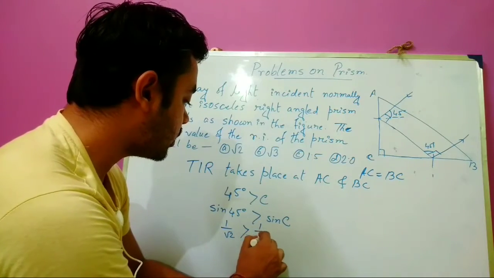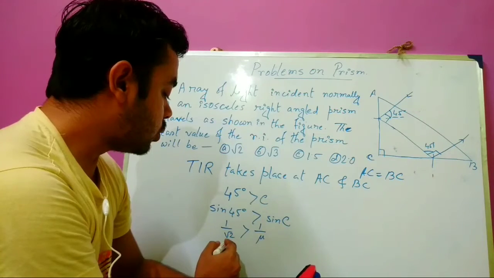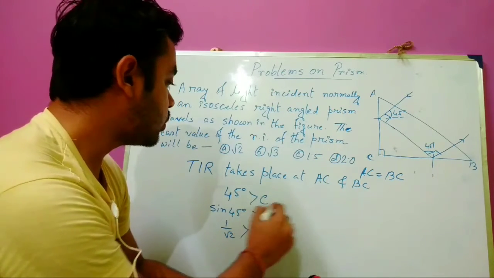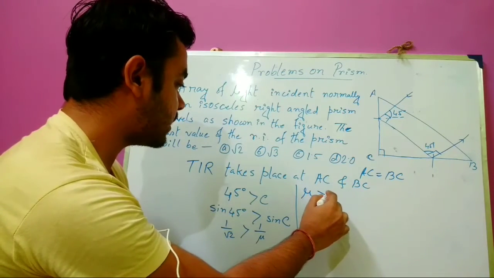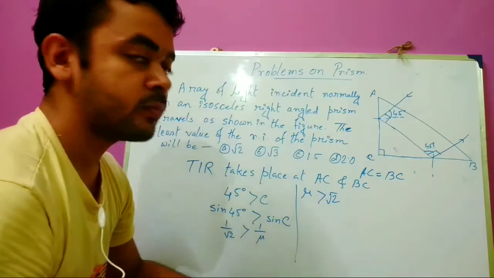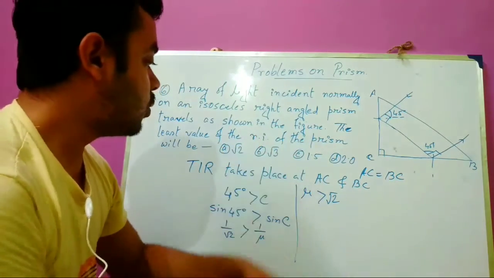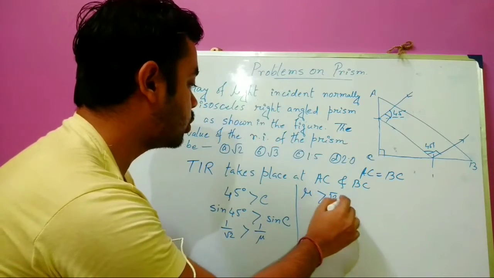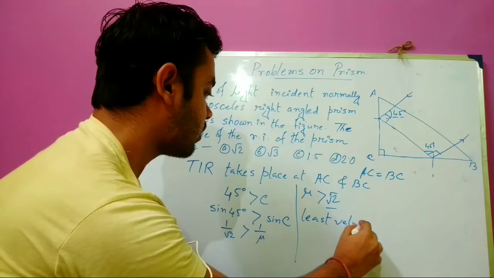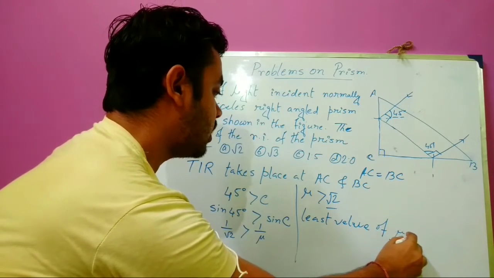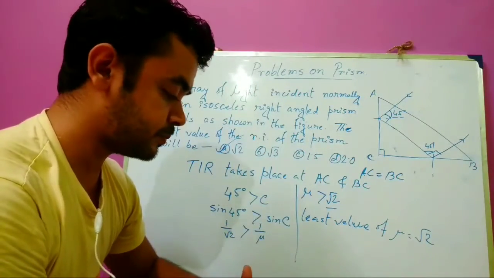So we put 1 by mu in place of sine C. Now 1 by root 2 is greater than 1 by mu, so we can write mu will be greater than root 2. So the least value of the refractive index of the prism will be root 2. Least value of mu equal to root 2. So option A is the correct answer.